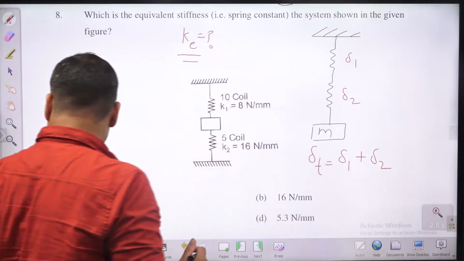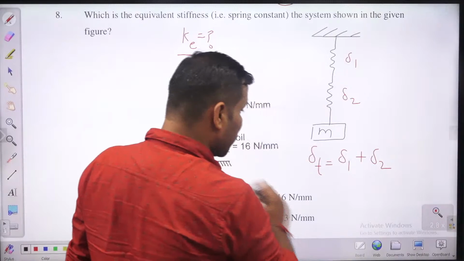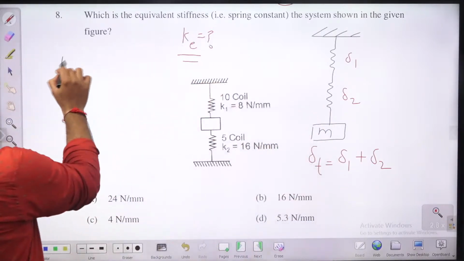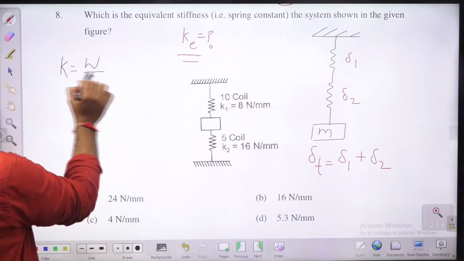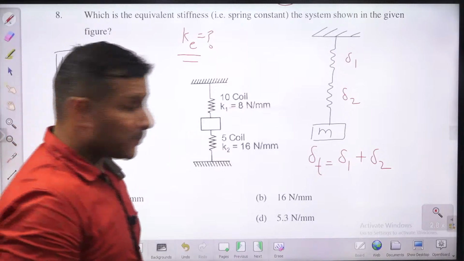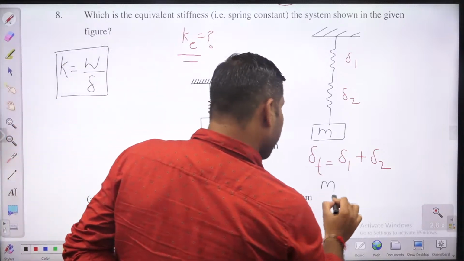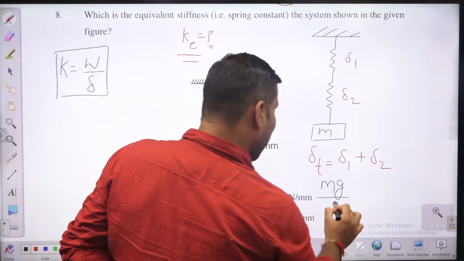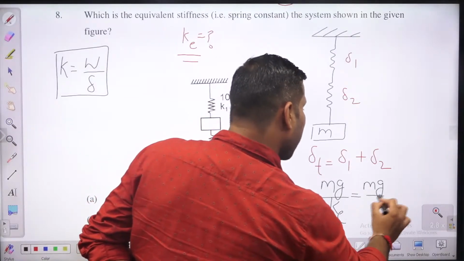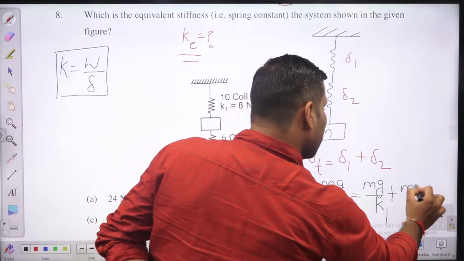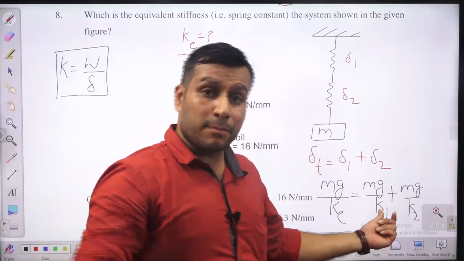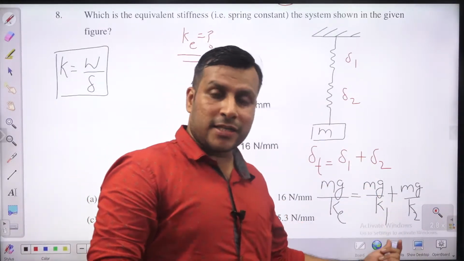So what is delta total, guys? Because stiffness is load per unit deflection, deflection is load by k. So you can write it as mg divided by k equivalent, which equals mg divided by k1 plus mg by k2. The deflection of spring 1 is mg by k1, same load acting, stiffness k1.